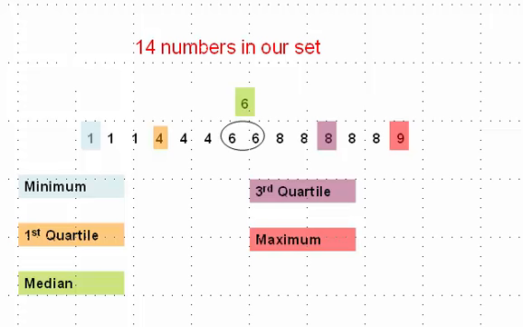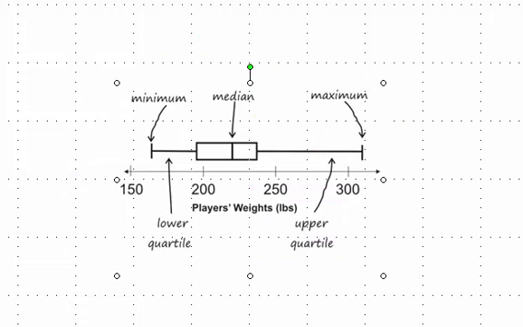To find the first quartile and the third quartile, we find the median of each half of our data set. And once we have our 5-number summary, we can create a box and whisker plot like here. And we'll talk about why it's even useful to ever do this in another video.